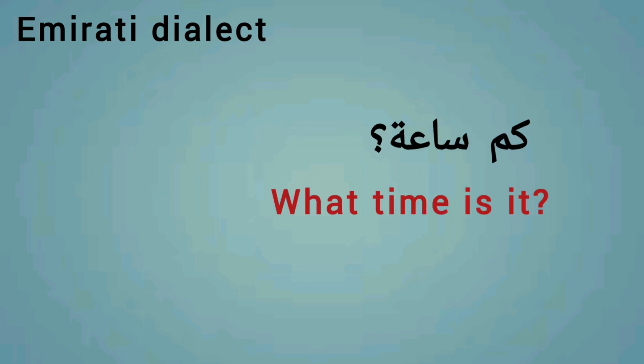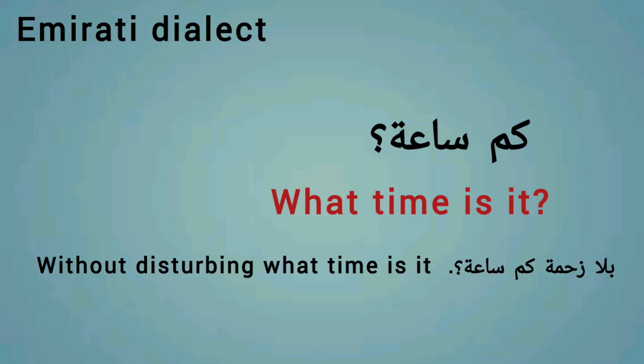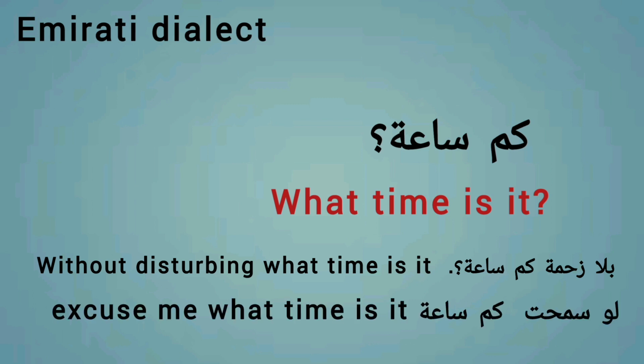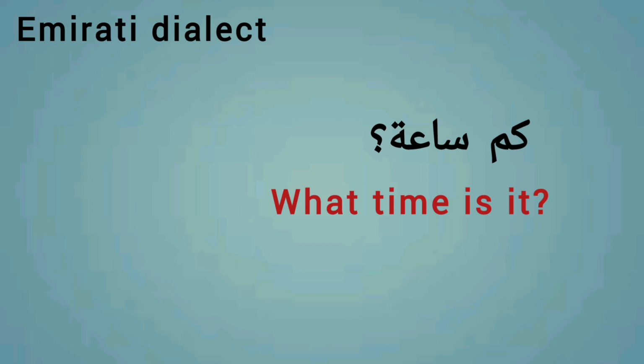And about this phrase, which is so important, you just want to ask what time is it. In Arabic you can say كم ساعة. Or لو سمحت كم ساعة. Excuse me, what time is it. Or you can also say الساعة كم. You can use both of them interchangeably, there's no huge difference between them.